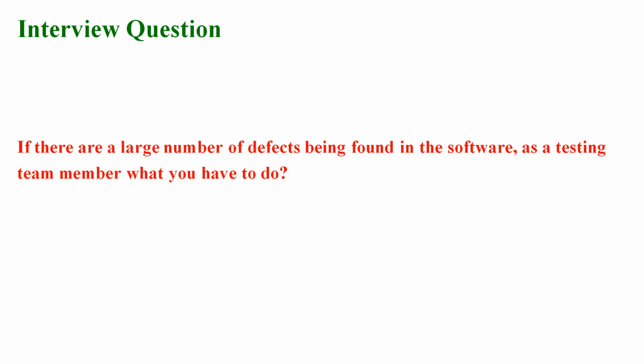Now you have to report to your manager regarding these many defects being found, with the evidence, stating that we are finding a larger number of defects continuously. This is the evidence, the proof that you have to bring to your manager's notice.